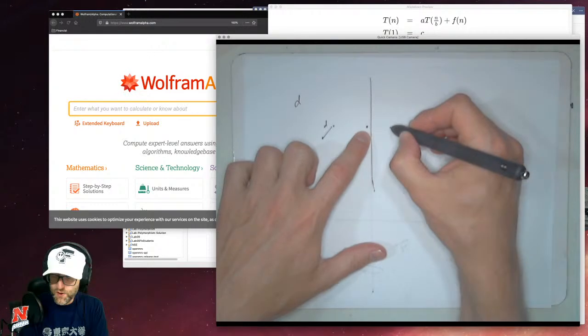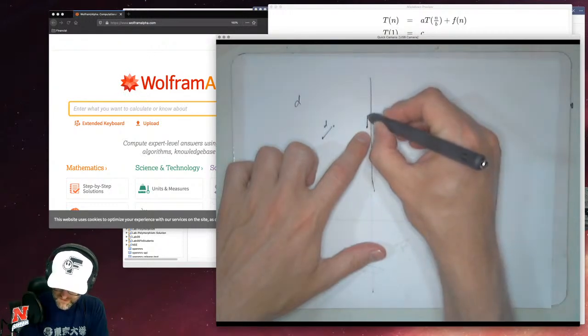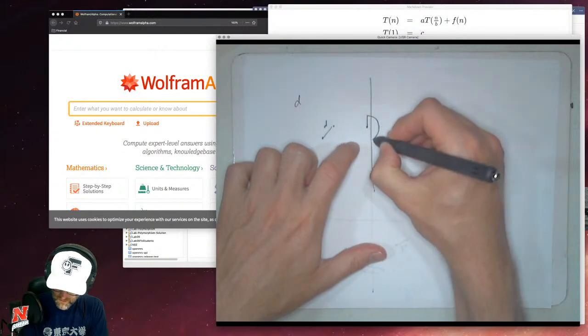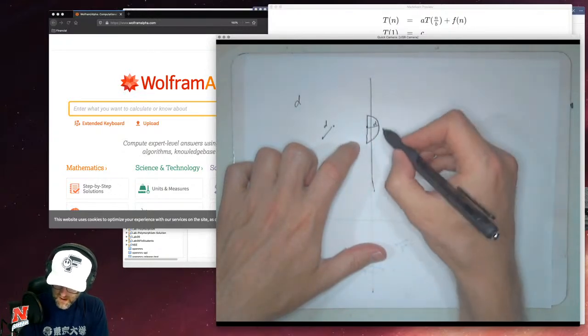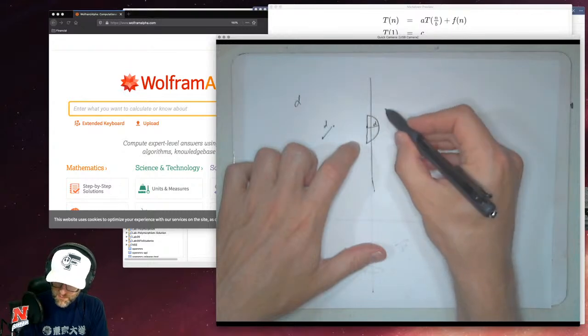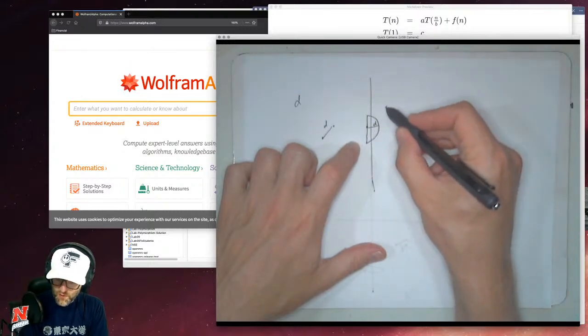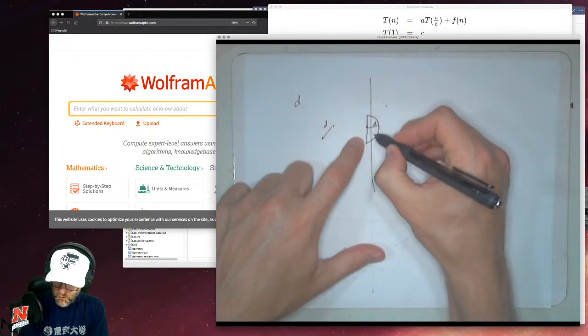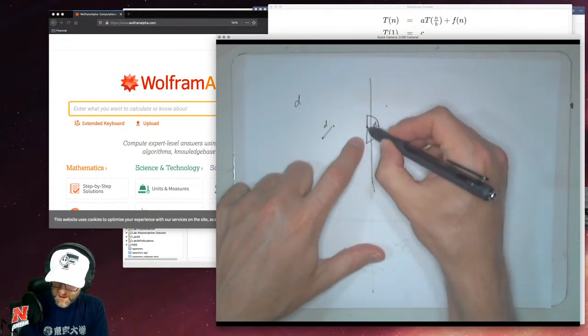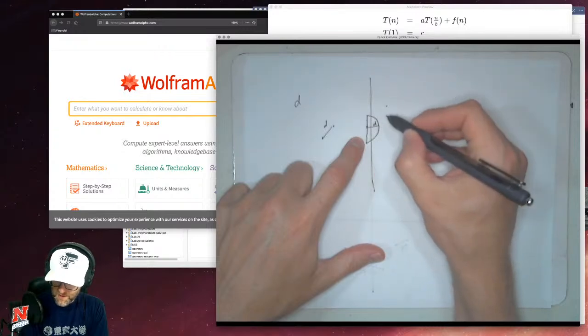All I need to do is draw a half circle over here of radius d. And now I can say that any point beyond that is definitely going to be more than distance d, so I don't need to consider that. I only need to consider points within a radius of d from this point over here.